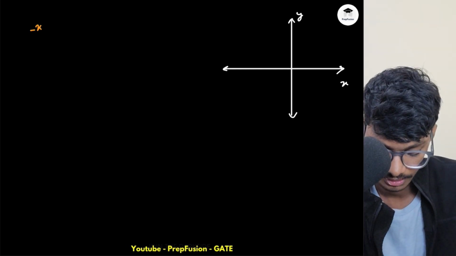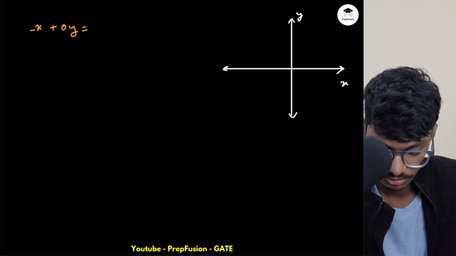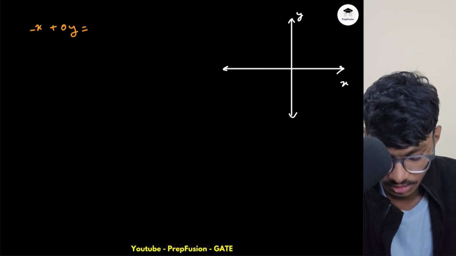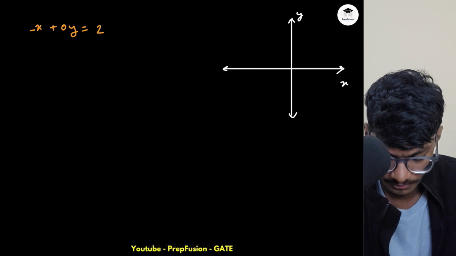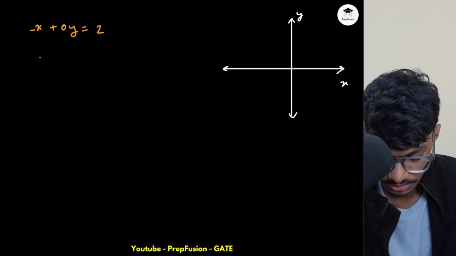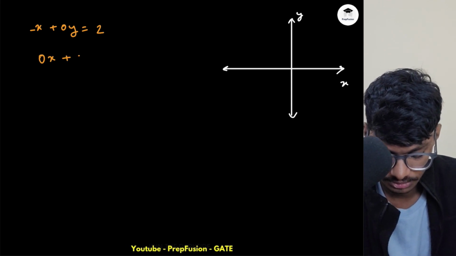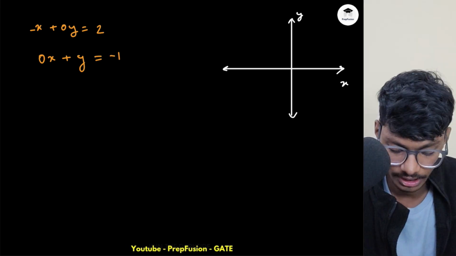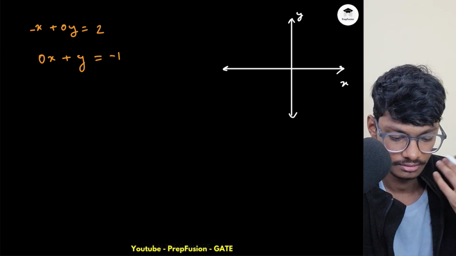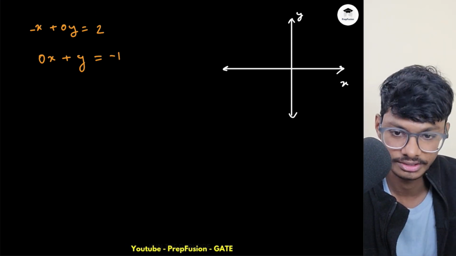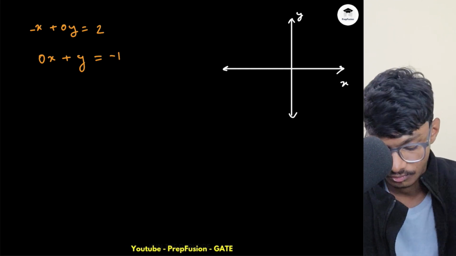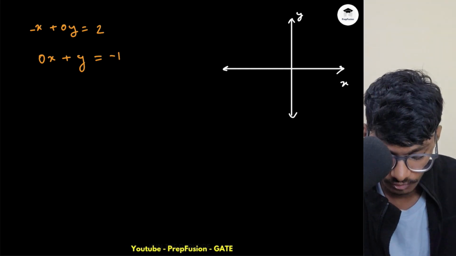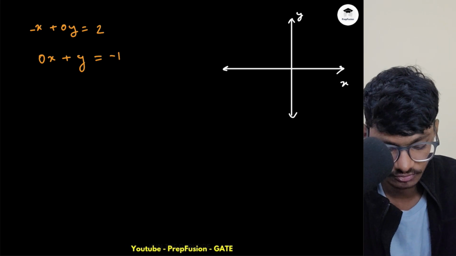So I can do minus x plus 0y equals 2, and then 0x plus y equals minus 1, okay. I am taking this equation just for visualization purpose, just to visualize it very easily. So here we will again write this in the vector matrix format.